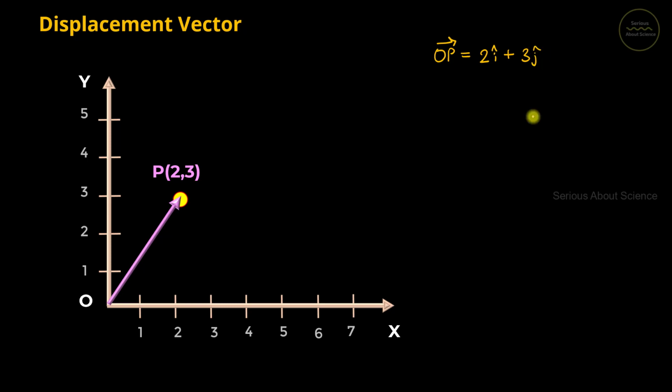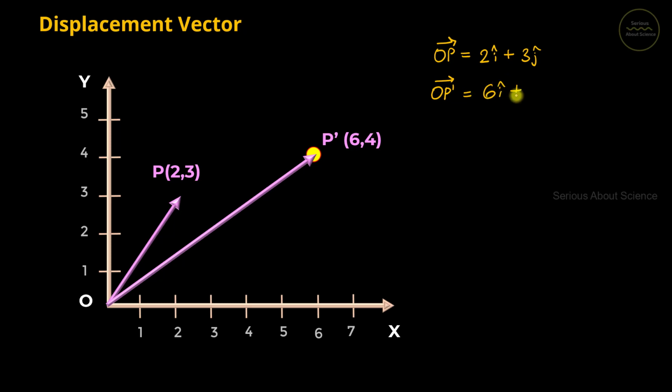After time delta t, if this particle undergoes a displacement, the final position will be here, and this point we can denote by P dash. It is given by (6, 4). And if I again draw a vector from the origin to this point, we will get the position vector at the final position. And we can denote it by vector OP dash. And it is given by 6 i cap plus 4 j cap.